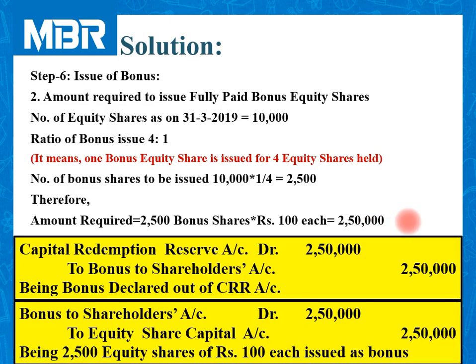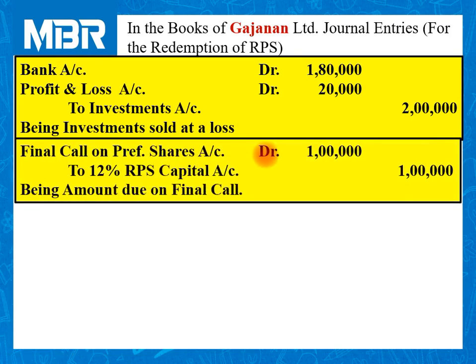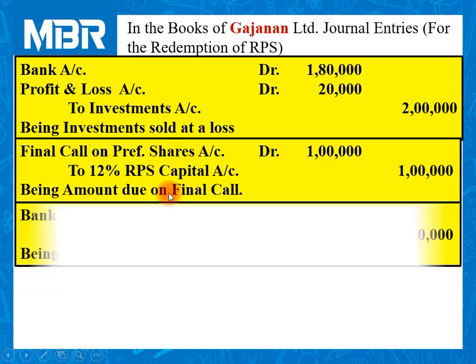This is the last step in order to conclude our answer. Now, arrange all the journal entries into proper sequence as per requirement. First entry related to sale of the investment at loss. Second entry is all about making final call on RPS capital.